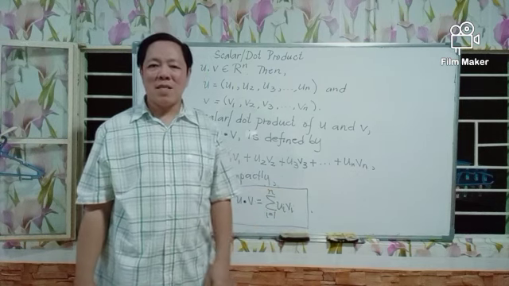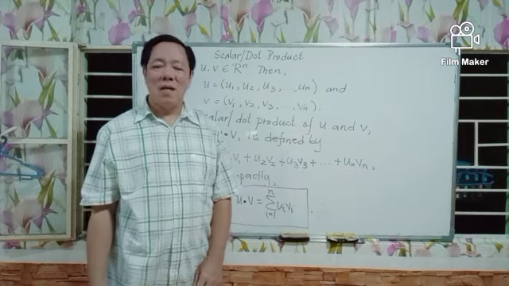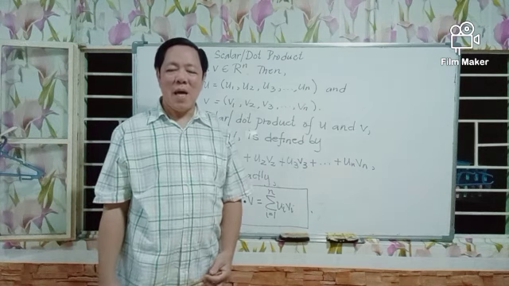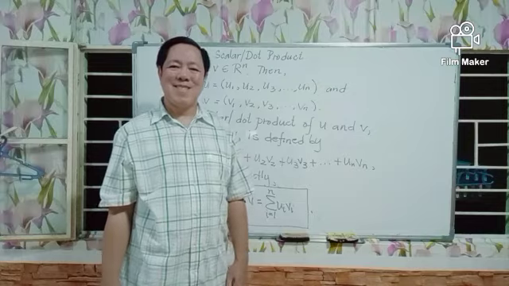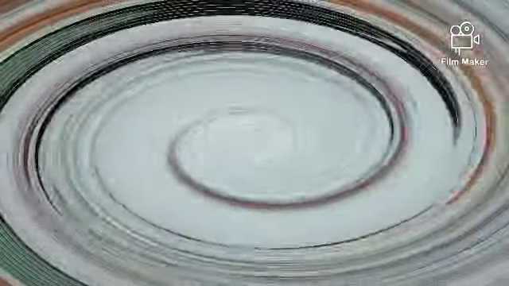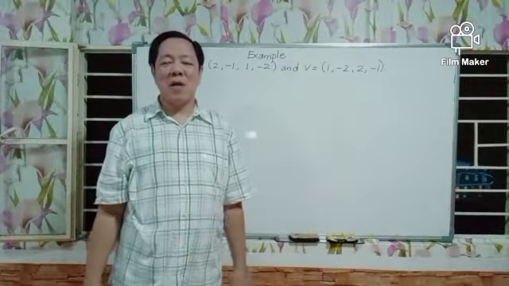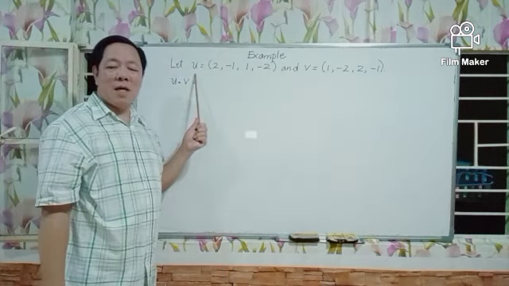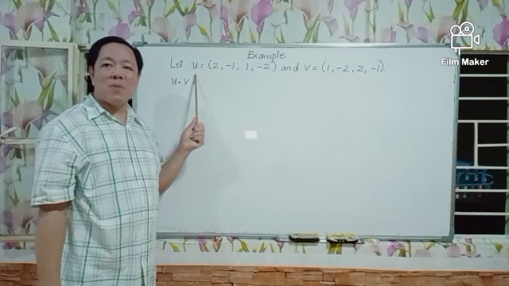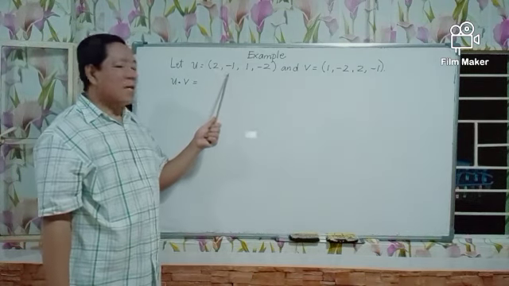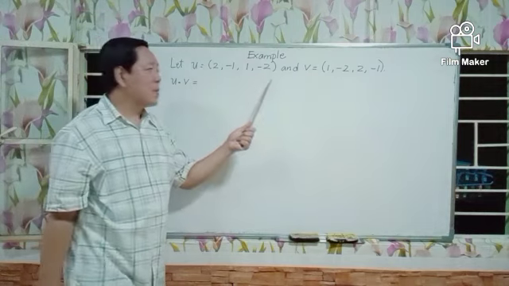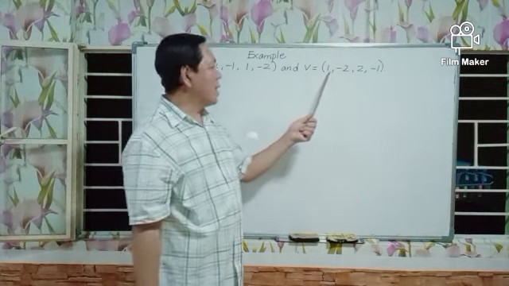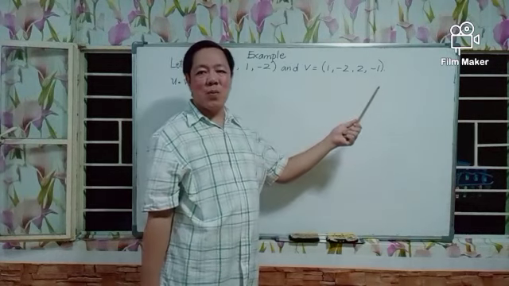We now take an example to get the scalar product or dot product of two n tuples. For our example, consider the following row vectors. U is a vector or a point with 4 coordinates, 2, -1, 1, -2. And V is a vector or a point with 4 coordinates, 1, -2, 2, and -1.